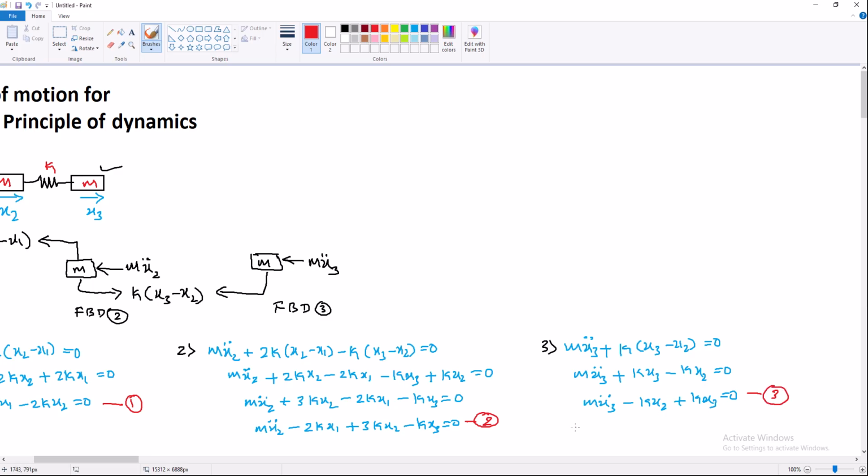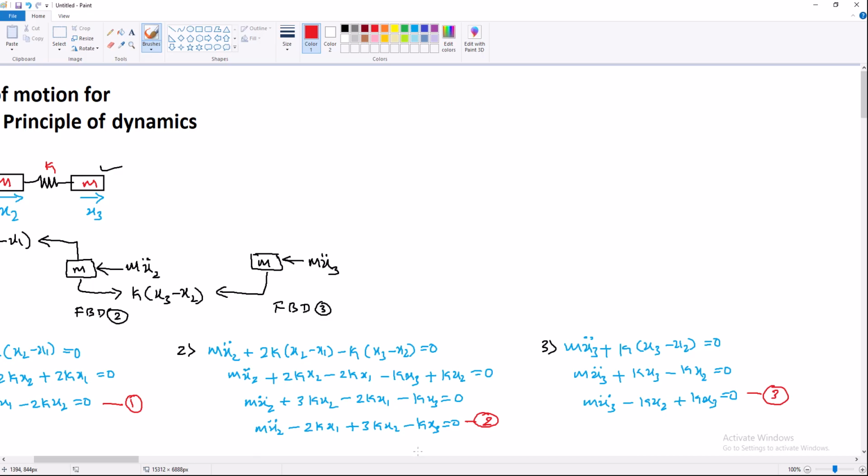So now I am going to write equation 1, equation 2 and equation 3 in matrix form, because they have asked us to write the equation of motion for the multi-degree of freedom system.